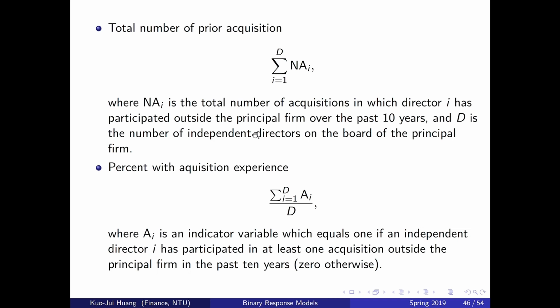The second measure is called the percent with acquisition experience, which is defined as the summation of A over D. A is an indicator variable which equals 1 if an independent director i has participated in at least one acquisition outside the principal firm in the past 10 years, and 0 otherwise.